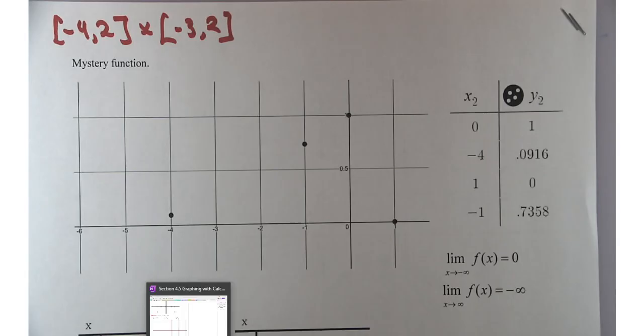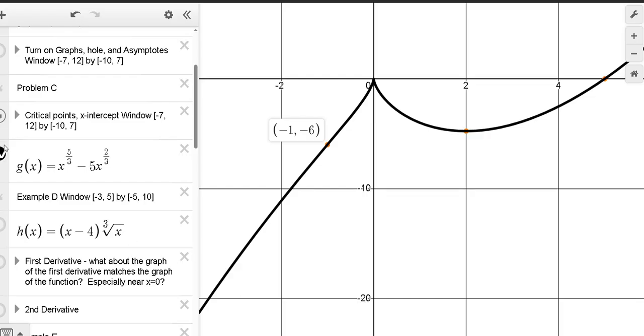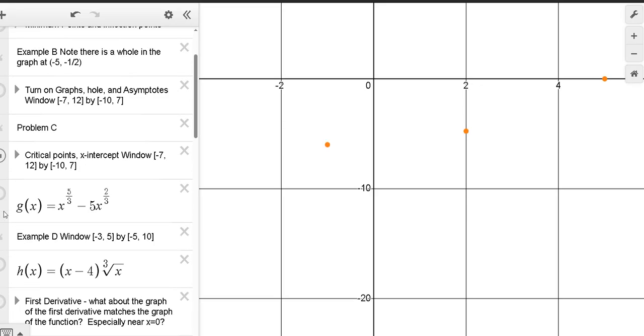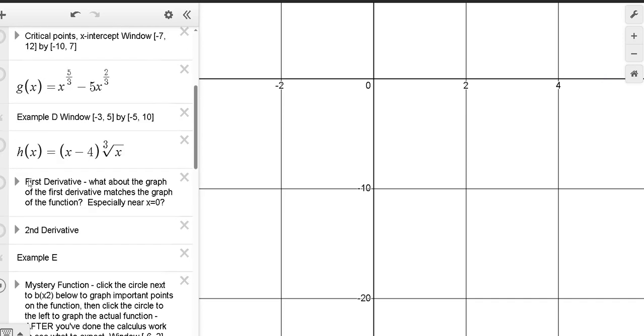It's a little bit of a hint or a taste at what's going to come up in the next section. No, you know what? We should have one more. Should we have one more? No, let's see. Example D. Am I missing example D someplace? No, we're just going to go with the mystery function next. So let me shut off these and move down to the mystery function.